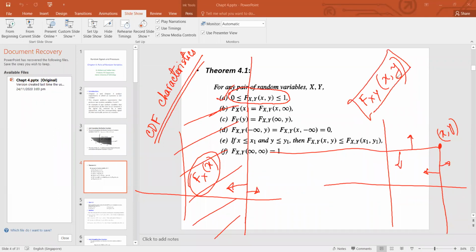Now, if in the joint CDF I put x equal to infinity or y equal to infinity, then we get back the single variable CDF. For example, if I put x equal to infinity, that means x has no variation now. So that is actually F_Y(y). When the x value is infinity, it is F_Y. When the y value is infinity, it is F_X.